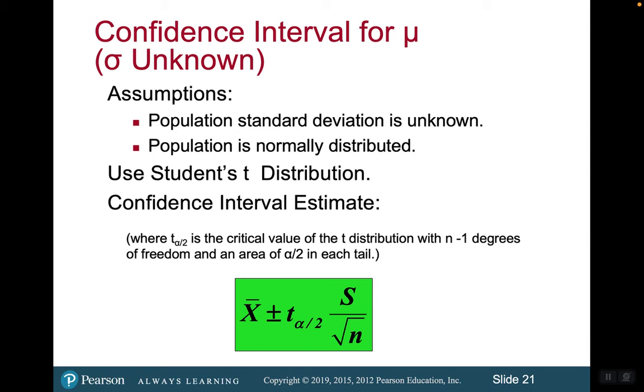So in that case, we use something called the student's t-distribution. Basically, it's the same thing where we use our point estimate as our baseline, and then we do plus or minus our value. The t value is the critical value of the t-distribution with n minus 1 degrees of freedom and an area of a divided by 2 in each tail.